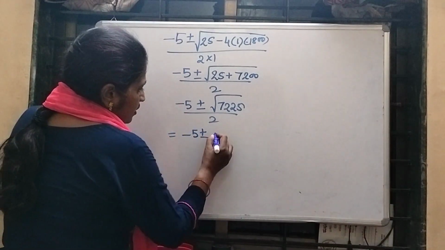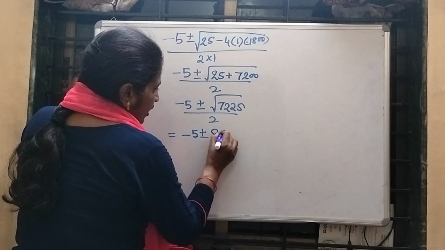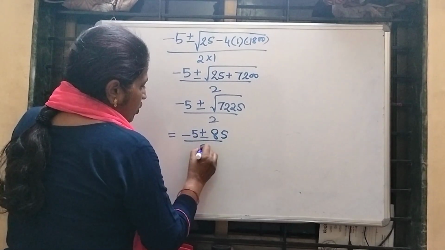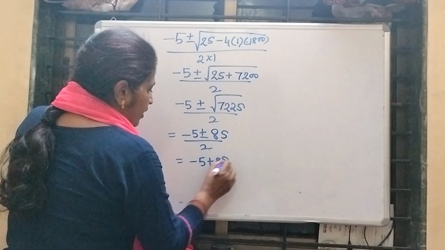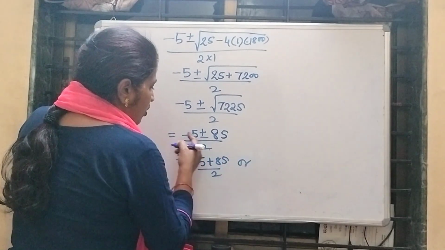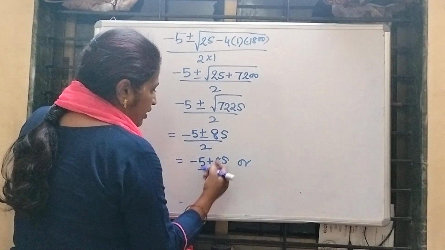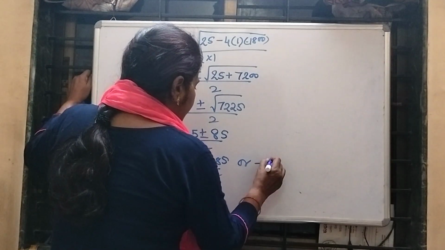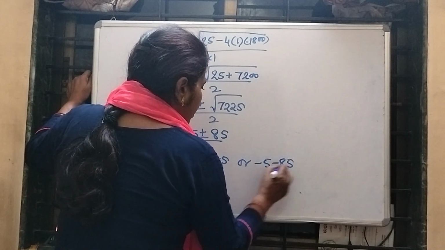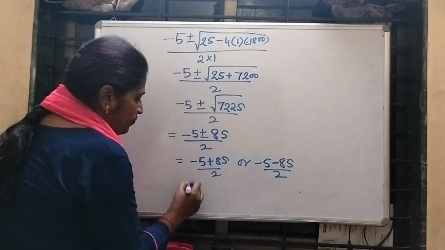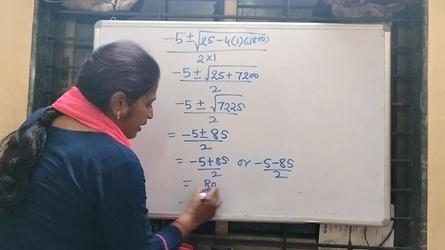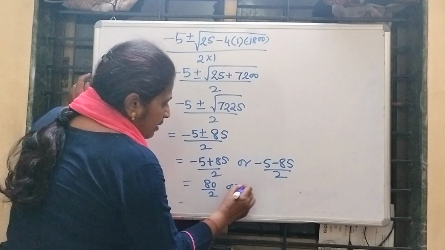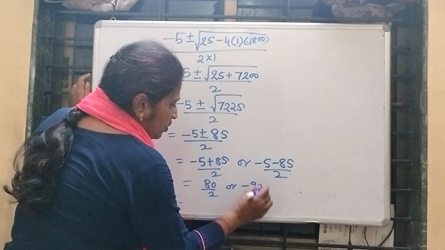So it is minus 5 plus 85 divided by 2, or minus 5 minus 85 divided by 2. So this becomes 85 minus 5 is 80 divided by 2, or minus 90 divided by 2.